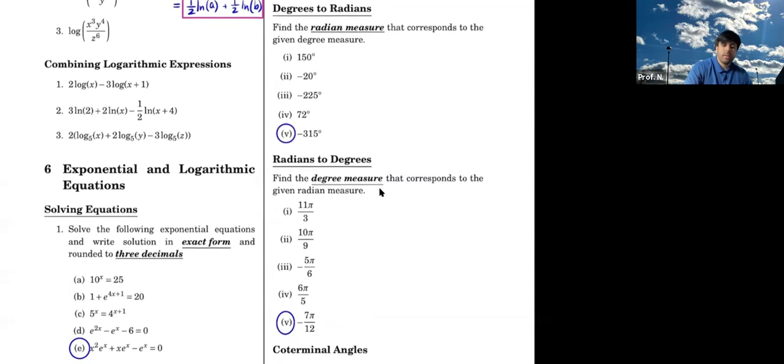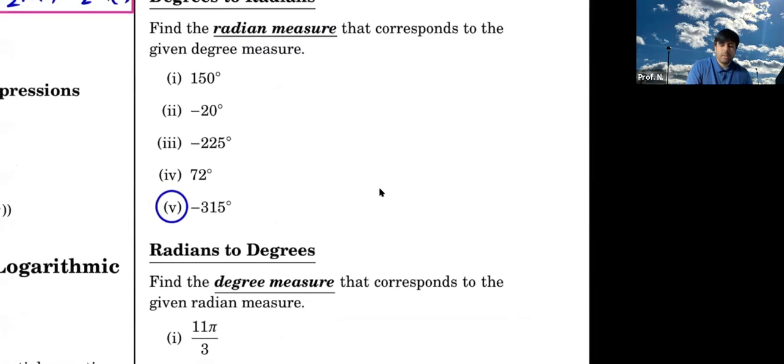I want to go from degrees to radians. So what must I multiply by? I must multiply by pi over 180. That's all I have to do. And then I get negative 315 pi over 180.